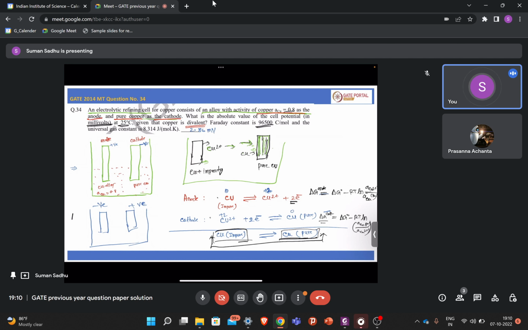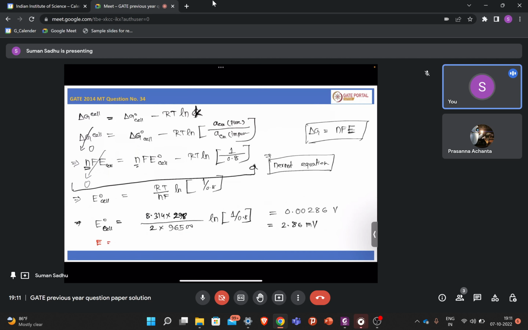Now from impurity to purity it is going. So if you read the question properly, you can simply write these kinds of equations and then go step by step. Let's say you forgot everything, you don't know where the oxidation is taking place. If you see the Nernst equation, it is written in terms of this: E is equal to E naught cell minus RT ln activity of the reduction by activity of the oxidation, right?